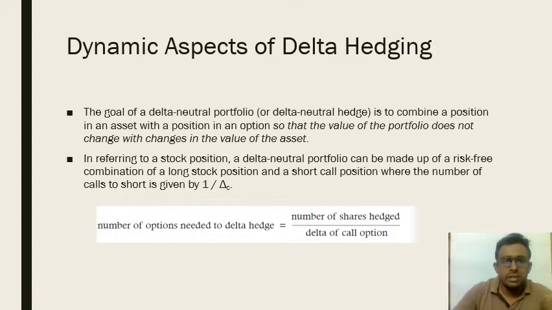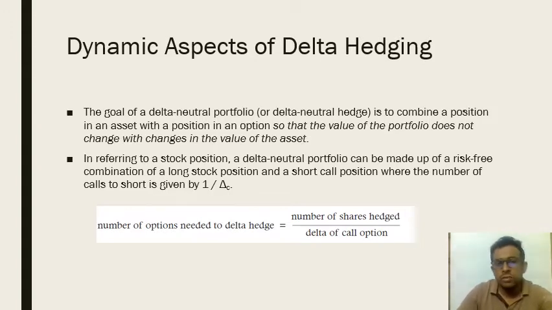Coming to the dynamic aspects of delta hedging, the dynamic aspect is that as delta changes, we need to change the positions so that our delta neutral position remains unchanged. The goal of a delta neutral portfolio is to combine a position in an asset with a position in options so that the value of the portfolio does not change with changes in the value of the asset.